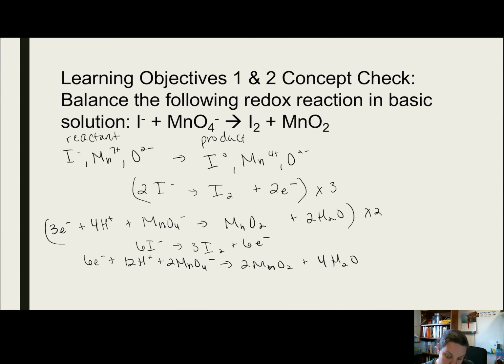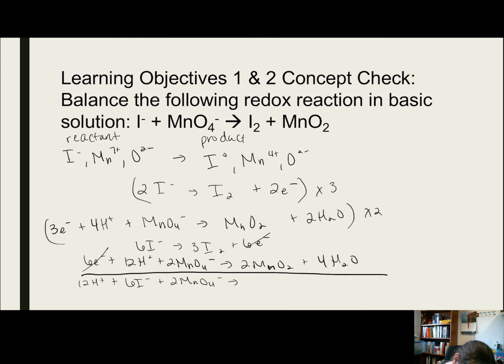We can then combine our two equations, canceling things that are the same on both sides, and we get 12H plus 6I minus plus 2 MnO4 minus goes to 3I2 plus 2 MnO2 plus 4 waters.